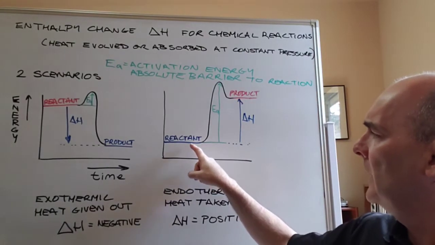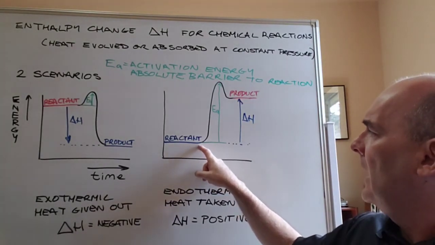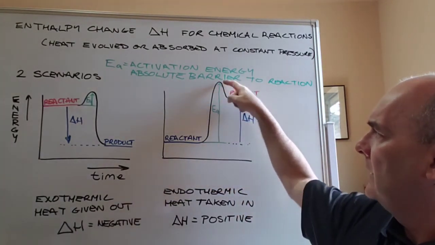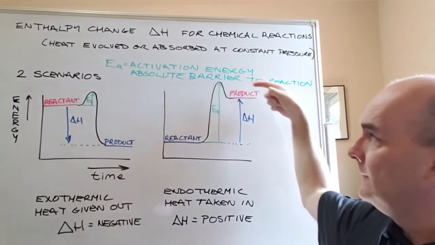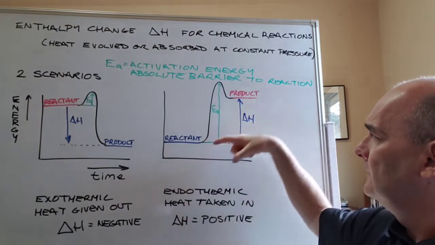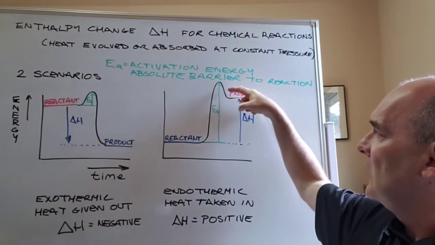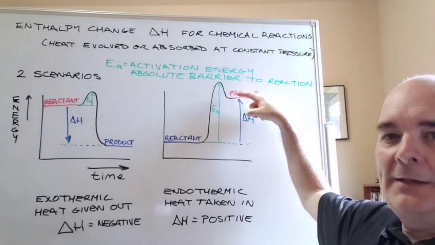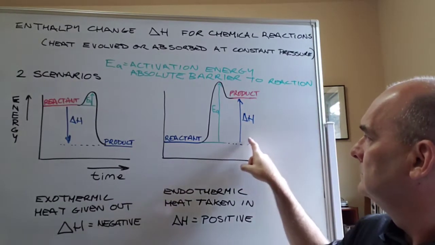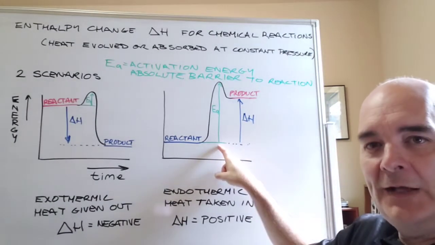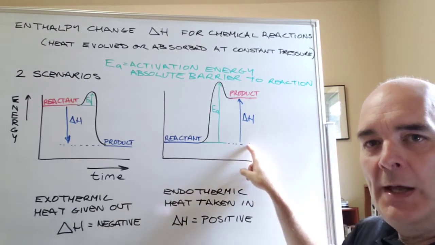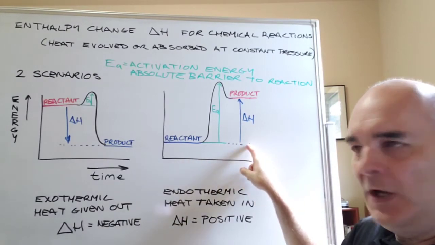In an endothermic case, I have to go very high for my activation energy because the activation energy has to be higher than the product. But I get some of that energy back. Here the green line represents the activation energy. The blue line represents the enthalpy change.